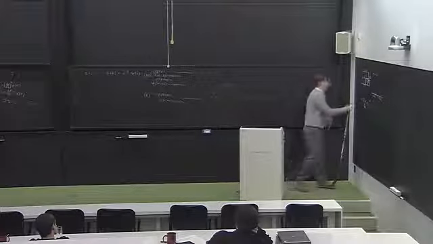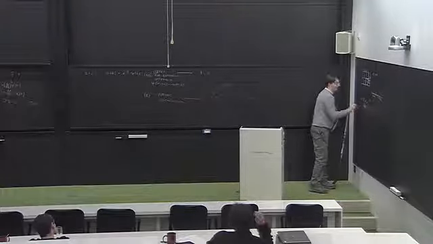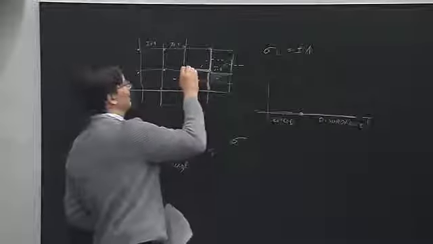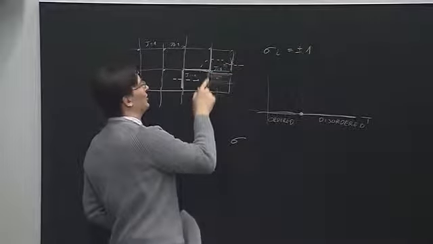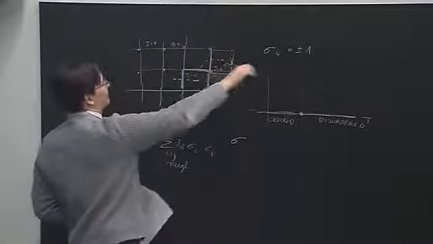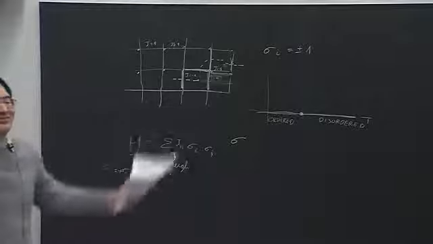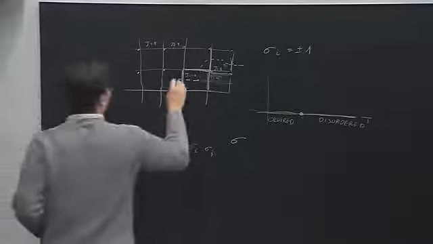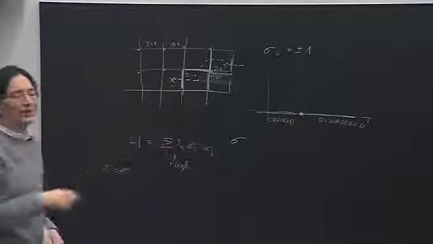So if you send sigma_i to minus sigma_i, the sign of the interaction of all the edges which go into the point switches. So adding this line does really nothing to your Hamiltonian. You can move this line around. But if this line ends somewhere, then there is something interesting going on there.